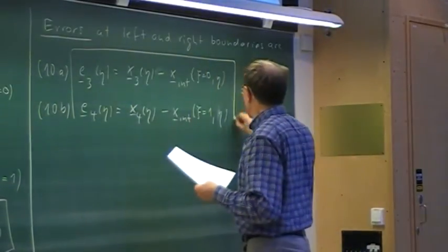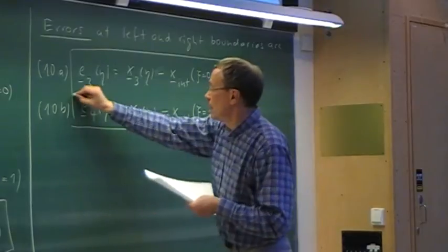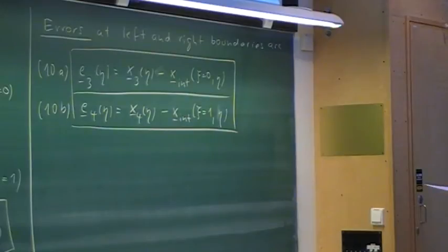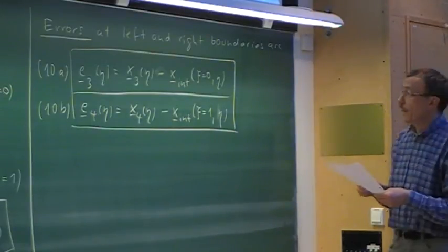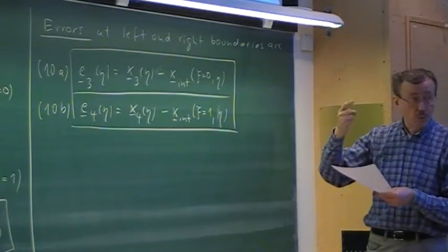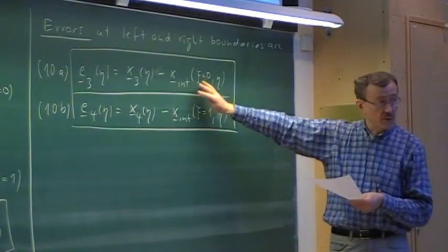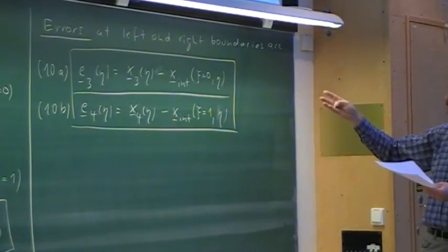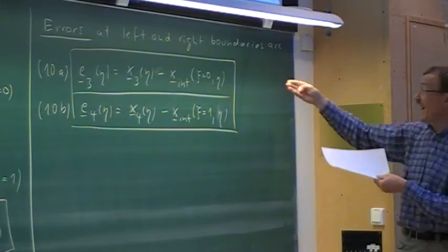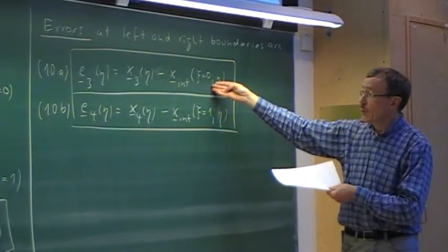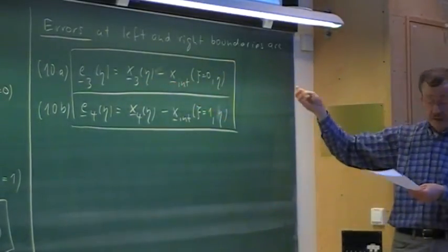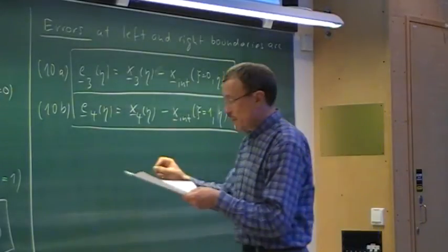So the idea is to eliminate the errors: we simply add the errors to the interpolated coordinates. You can see it immediately. If we have the interpolated coordinates and we add that at the boundaries, we will get interpolated plus exact minus interpolated, we will get the exact coordinates. So that is the idea.